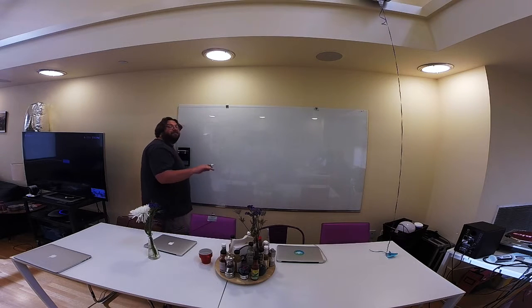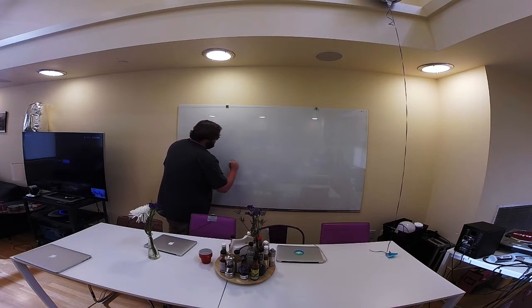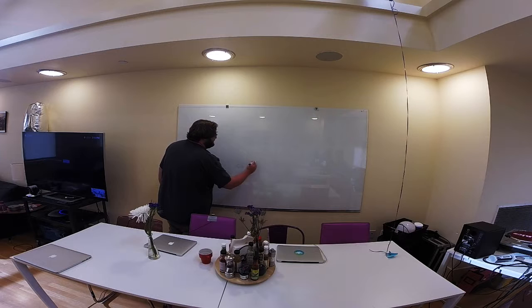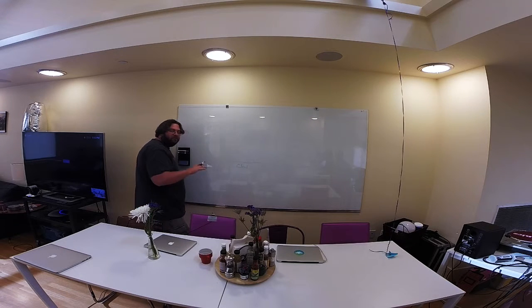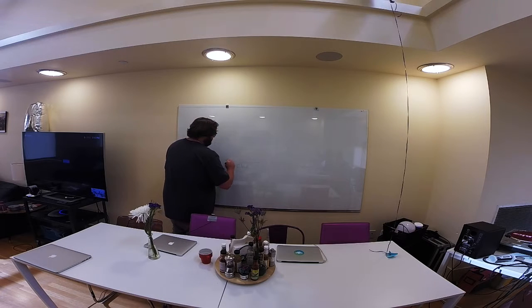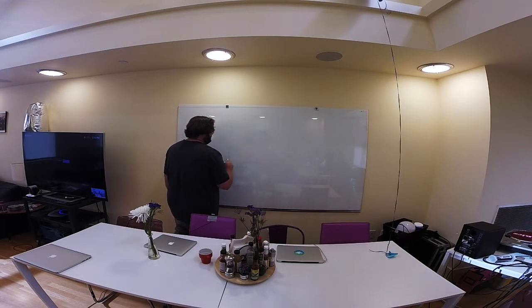Okay, so here's where the cloud comes in. We've got a cloud at the bottom of our stack, because the cloud is where we get the physical machines that our data center runs on top of. And then on top of this, we have what I'm going to describe as a system image.